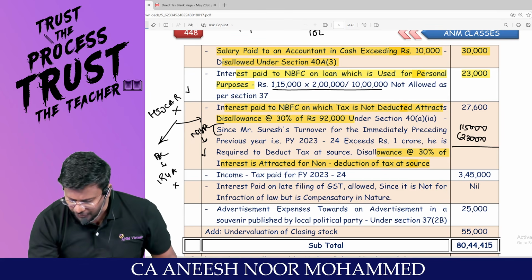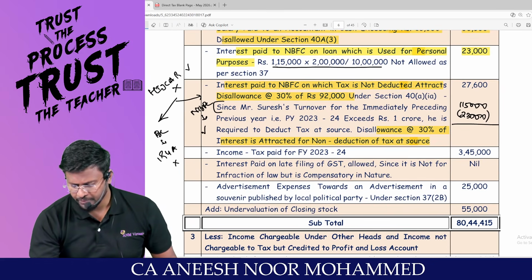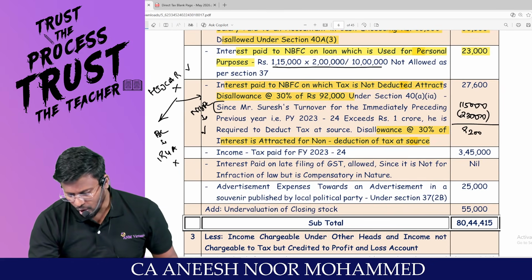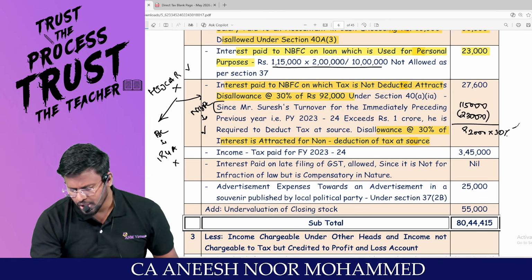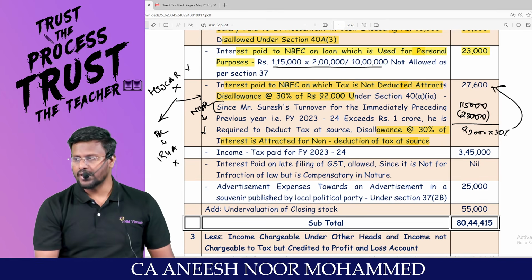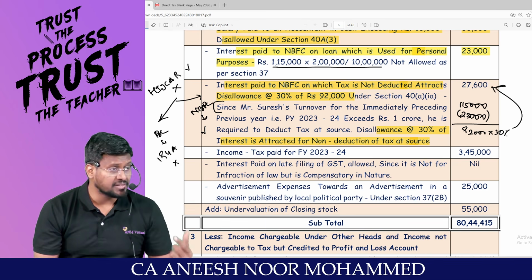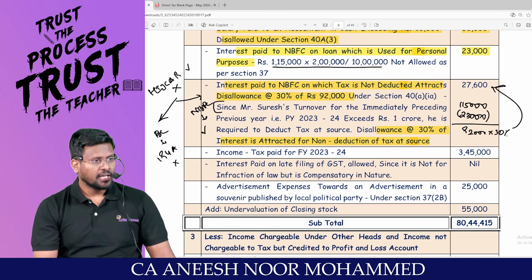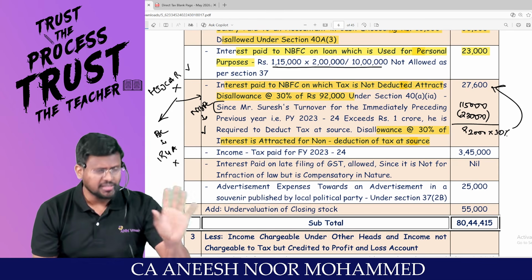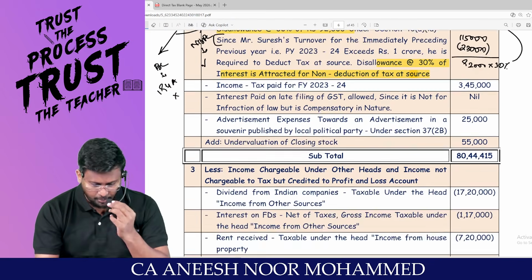So 1,15,000 minus 23,000, 92,000. On that, 30% should be added back, comes to 27,600. Why 30%? Because NBFC is a resident. If the recipient is a non-resident, 100% TDS would have been added back.